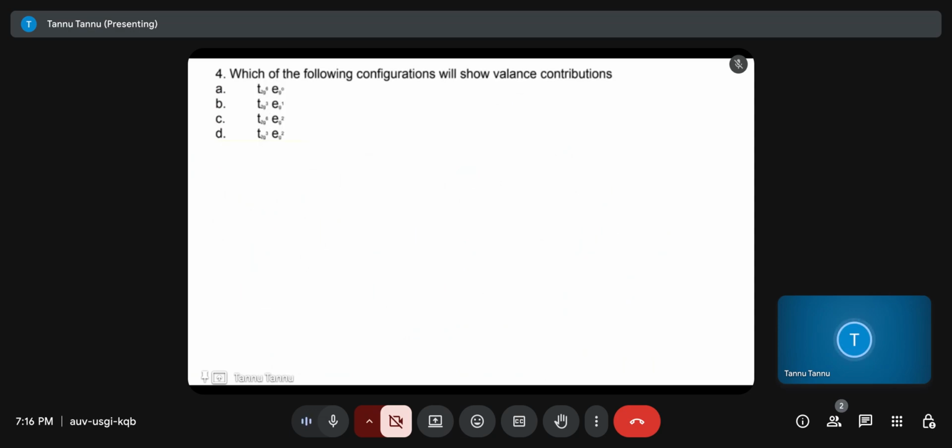The next question is, which of the following configurations will show valence contributions? As we know, asymmetrical electronic configurations will have a non-zero electric field gradient.